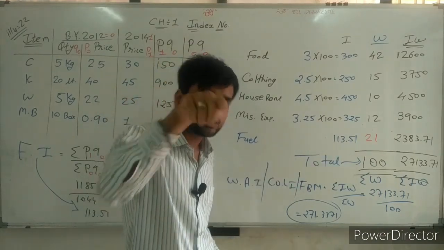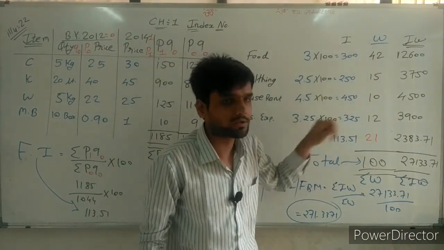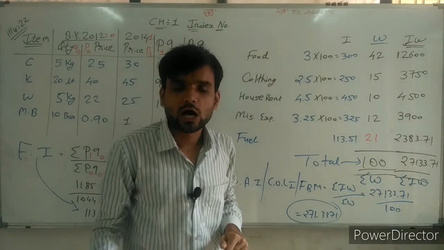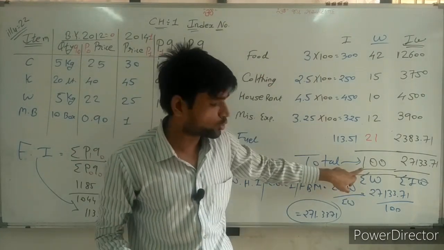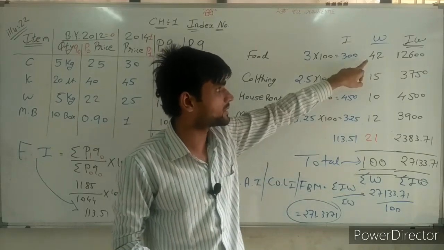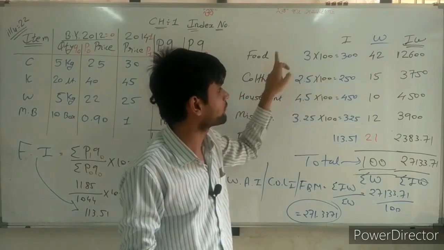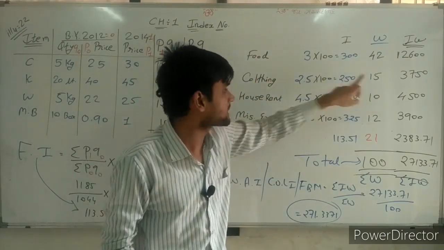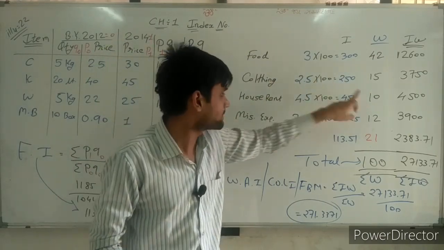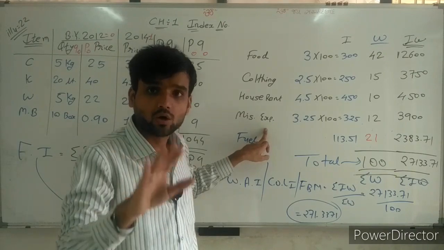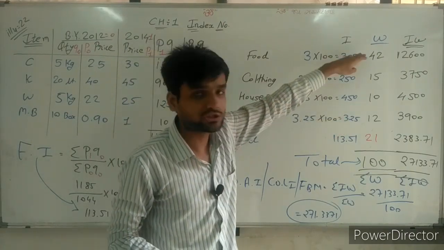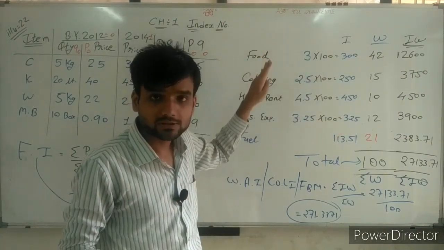Now with its comparison, W is also given. How much percentage of expense is done on food? So total 100 percentage, from 100%, 42% expenditure is done on food, 15% on clothing, 10% on house rent, 12% expenditure on miscellaneous expense. Only this expenditure is done on these items.